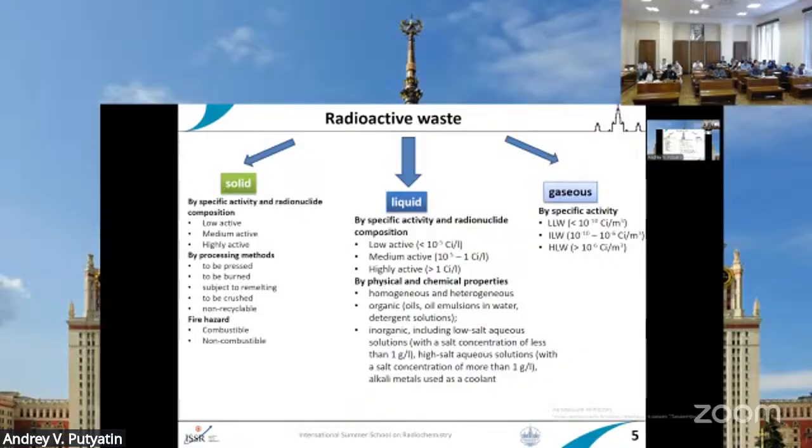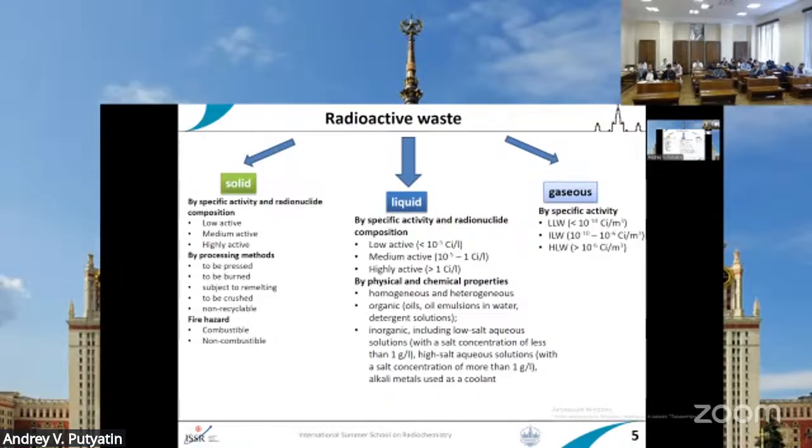Further sorting of the radioactive waste is based on the aggregate state: solid, liquid, and gaseous radioactive waste. Then there is further sorting by the activity and by the possible ways of treatment of these materials.